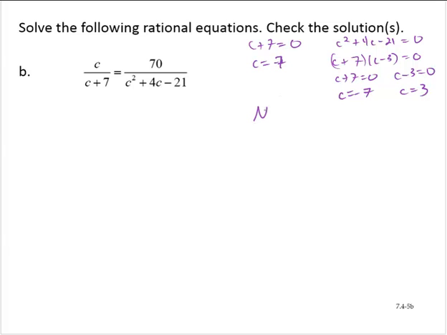So let's exclude negative 7. So c cannot equal negative 7, and c cannot equal 3.